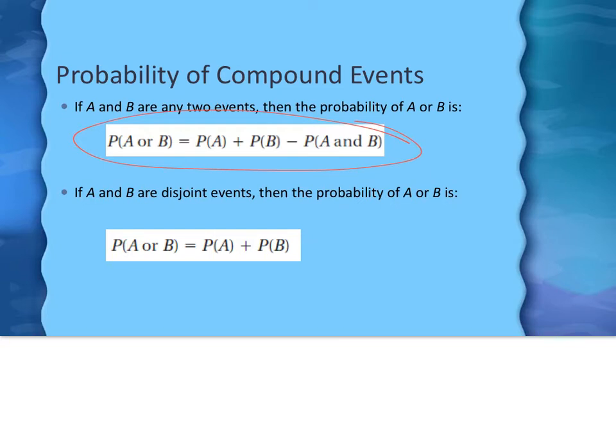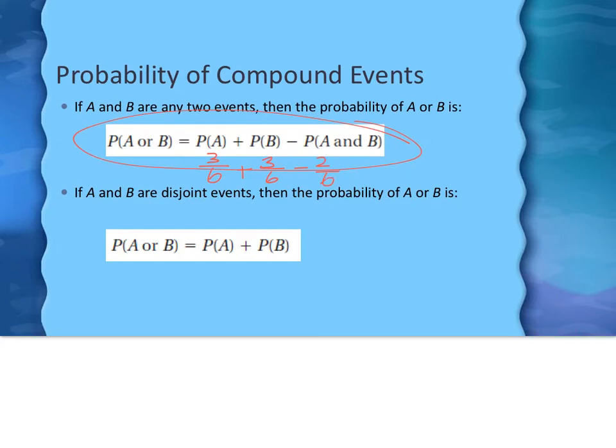Actually, I'm going to leave it as 3 over 6 because it'll be easier in the long run. What's the probability of rolling something that is less than 4? Also 3 over 6. What's the probability of rolling something that is odd and less than 4? 2 out of 6.